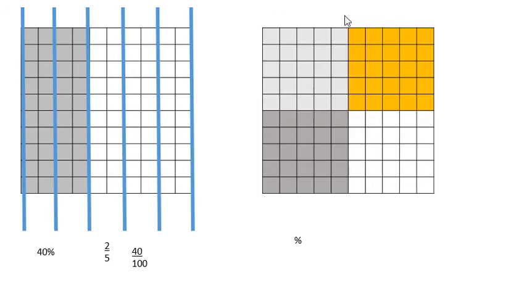Right here, I have a standard 100 grid, and I've broken it up into 4 exact size pieces. 1, 2, 3, and 4.